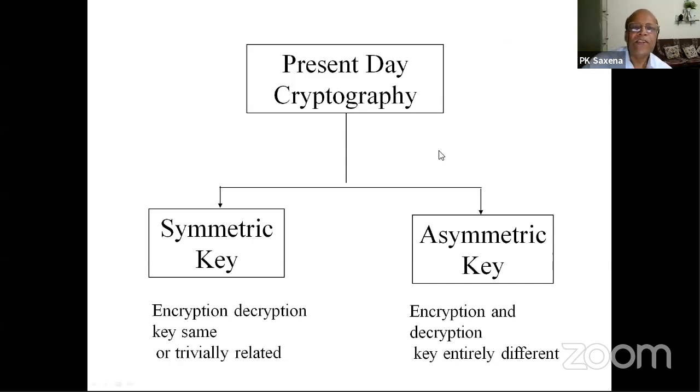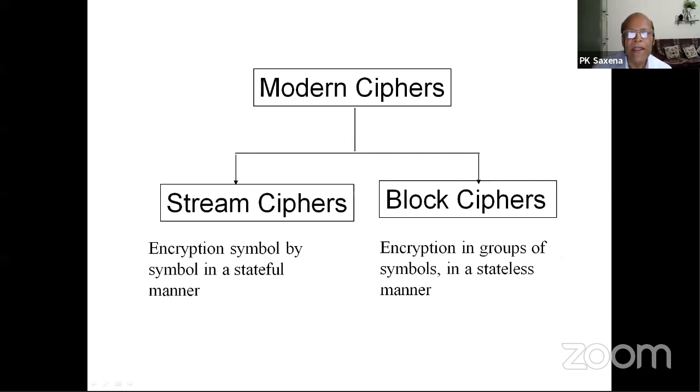So this is cryptography; we talked about the conventional things so far. But present-day cryptography is divided into symmetric key and asymmetric key cryptosystems. Symmetric key means the same key or a similar key is used, and in asymmetric, a pair of keys is used for encryption and decryption.